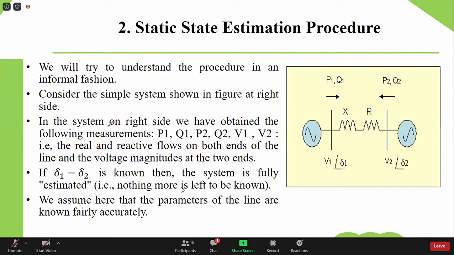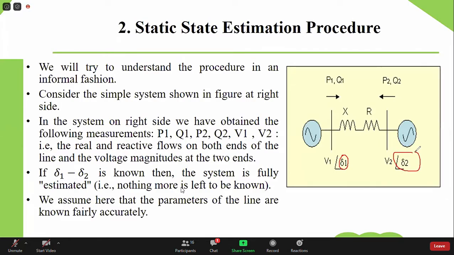So in the system we have obtained the following measurements: P1, Q1, P2, Q2, V1, V2, and the line magnitudes at the two ends, bus 1 and bus 2. But the only unknowns, which we will not be able to measure, are del 1 and del 2.